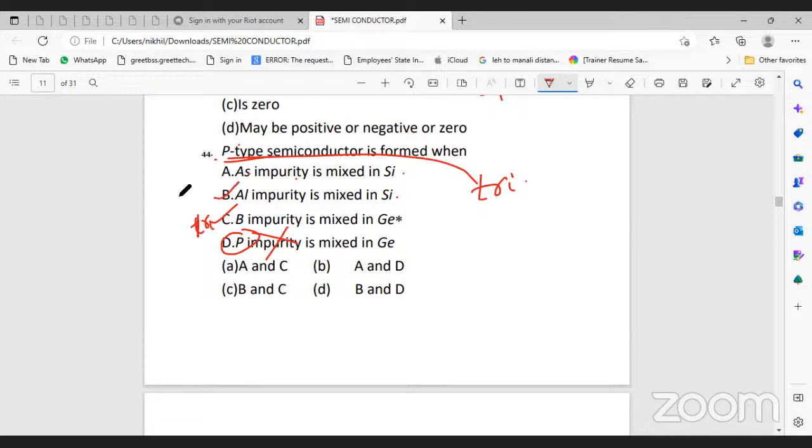Aluminium is also possible because it is also a trivalent. Arsenic is pentavalent. This is not possible. So this is N-type, this is P-type, this is P-type, this is N-type. But they are expecting P-type. So both B and C are correct. So statements B and C are going to be the right ones. So option C is the right answer.